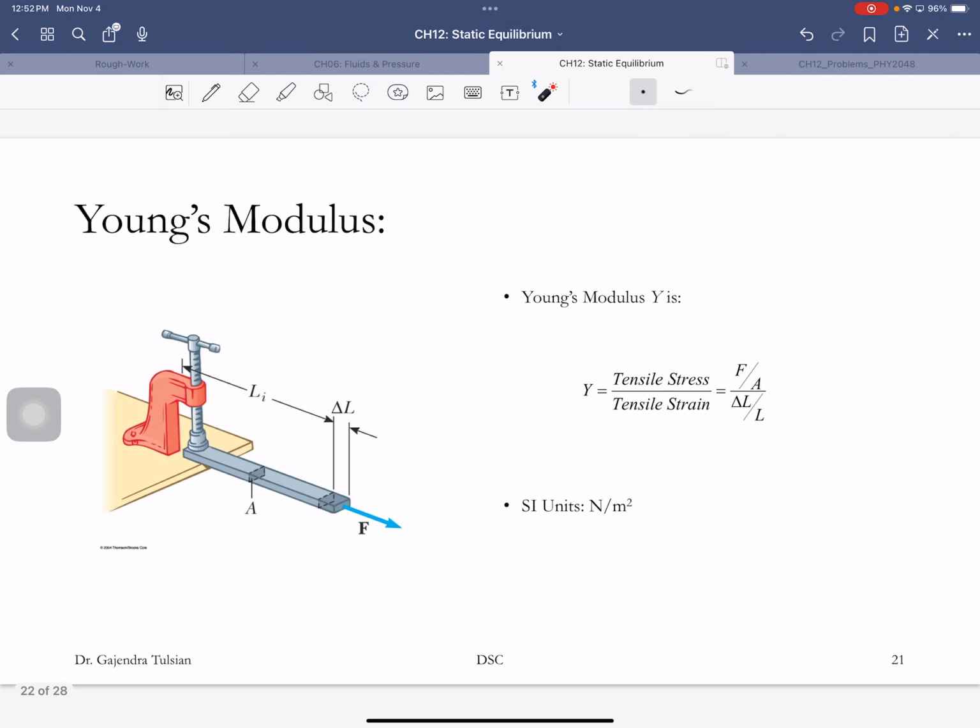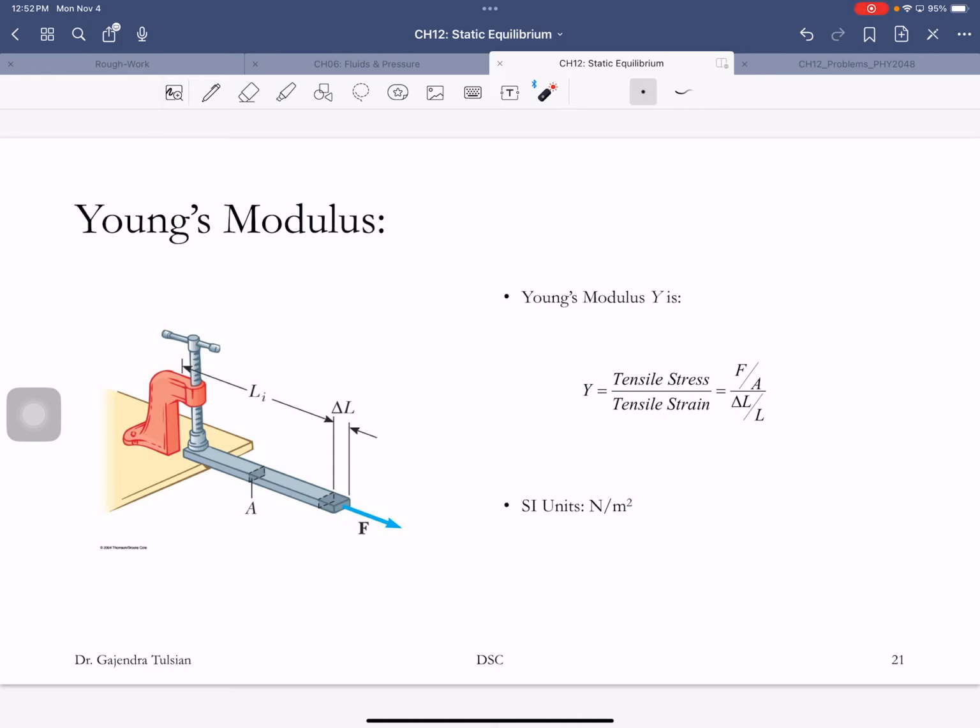All right, so Young's modulus is what we use when the deformation is in the length of the object. So the tensile stress is force per unit area. There's the force, and the relevant area is the area of cross-section. And the strain is change in length divided by the original length. So this is the percentage change in the length of the object, and that's Young's modulus.